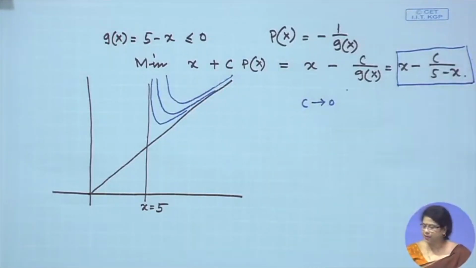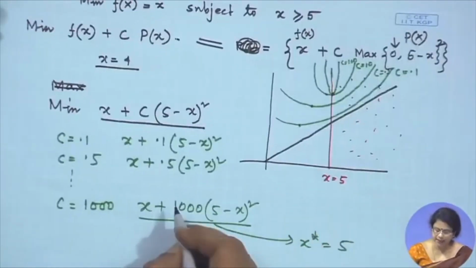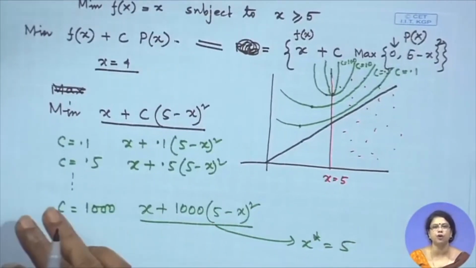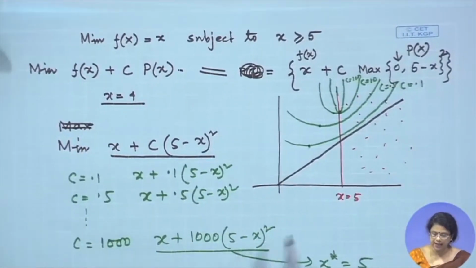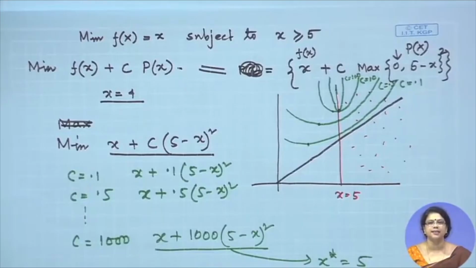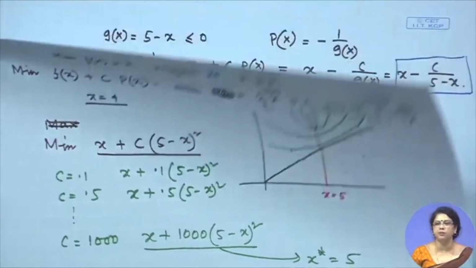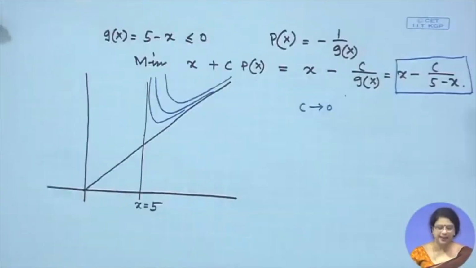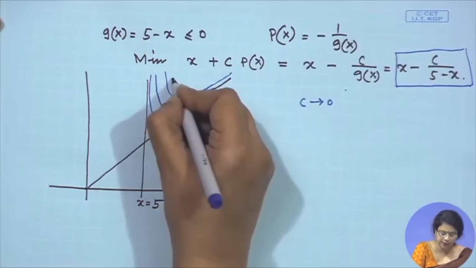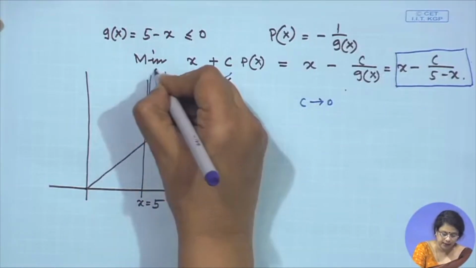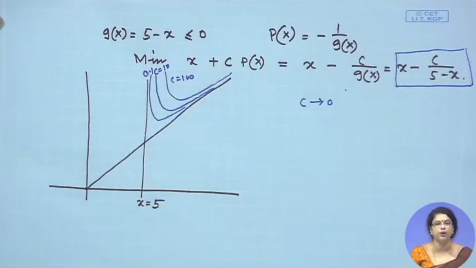Now, let us see what really is happening in both cases. In this case, when we are approaching from outside of the feasible space, as the value of c is increasing, that is c going to infinity, we are approaching the optimal solution. In the other case, this is for say 100, this is for say 10, this is for c equal to 0.1.